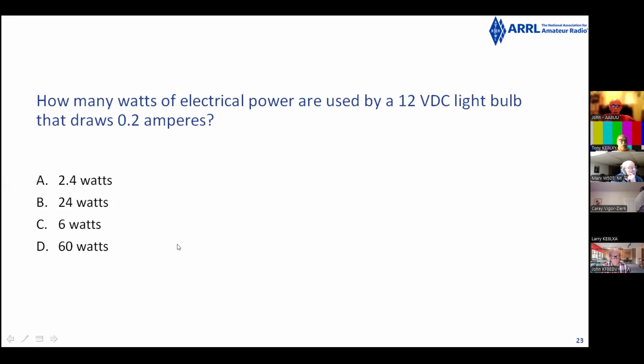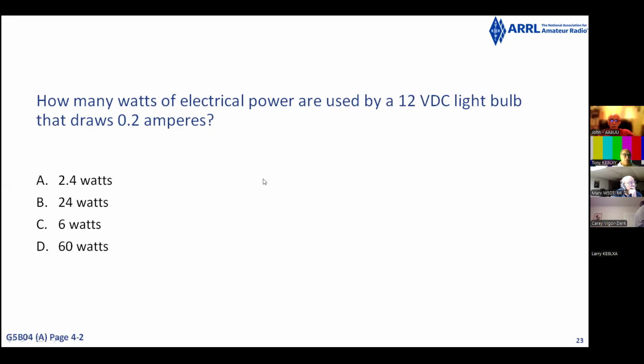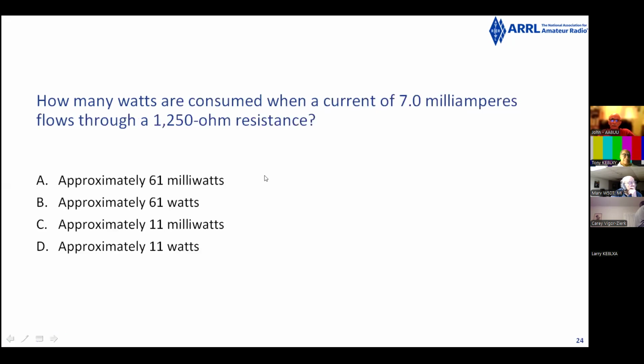So I'm guessing A. What do you think? A. Yeah, 0.2 times 12 would be 2.4. All right, so that's the kind of math they want you to do on this test.